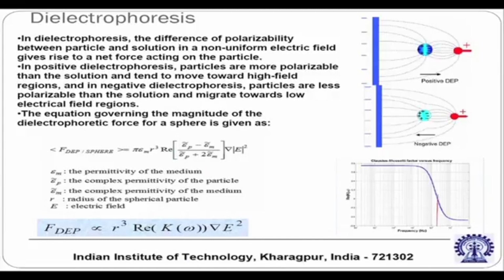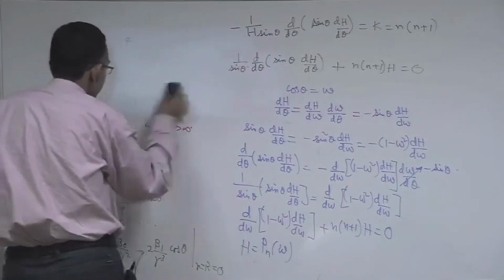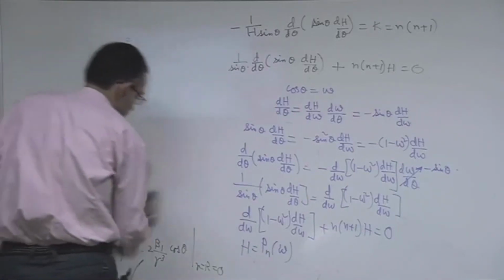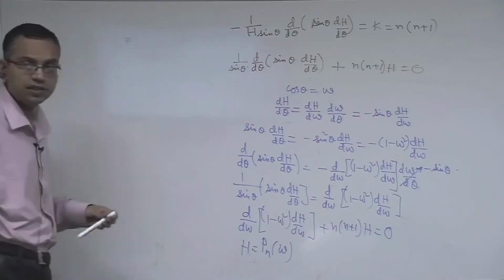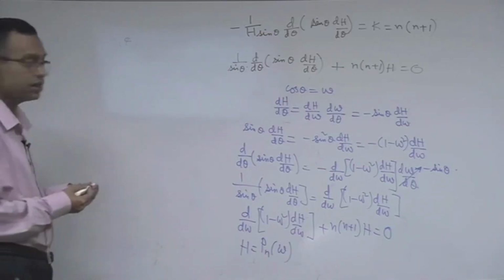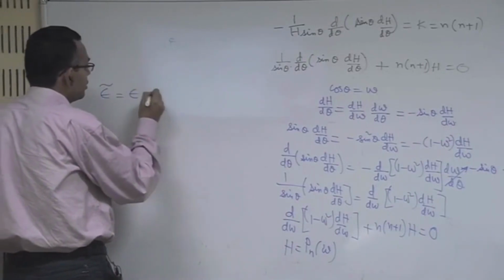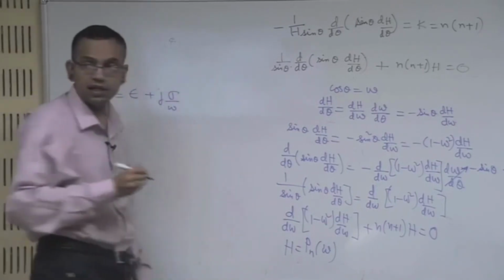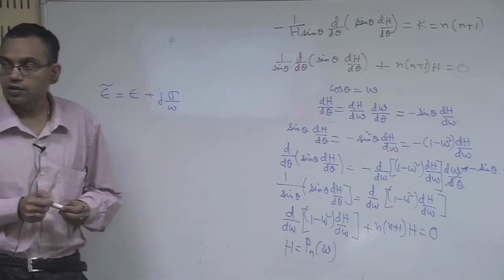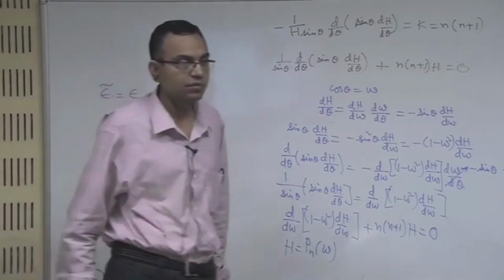Let me write an expression. The complex permittivity will contain a combination of permittivity and electrical conductivity. So, epsilon tilde, for example, can be epsilon plus j sigma by omega, where j is square root of minus 1, and omega is the frequency of the electric field being applied.